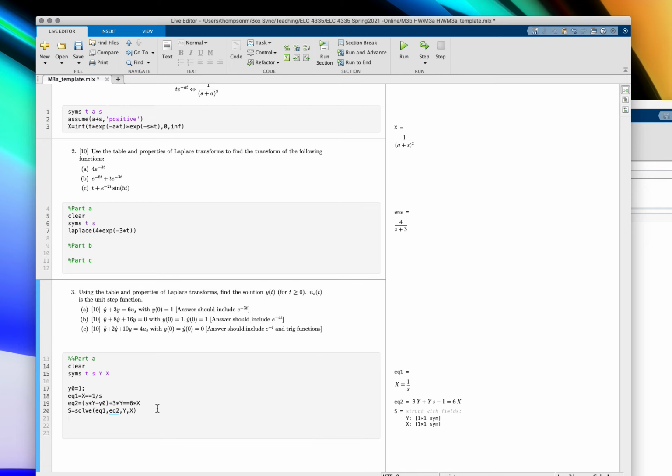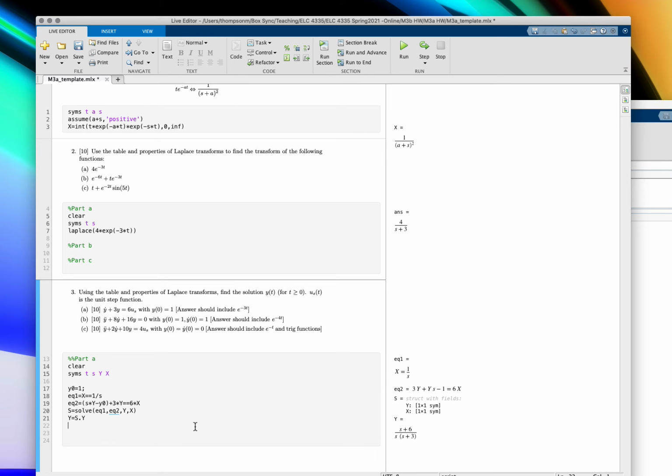All right. So at this point, I have this structure. You see, it says struct with fields. Okay. So I have a field y and x, and so if I wanted to extract y back out of that, I can say y is equal to s dot y. Remember, with data structures, maybe you don't know this, but you can access parts of that data structure with the dot notation. All right, so now when I rerun this, I get capital Y.